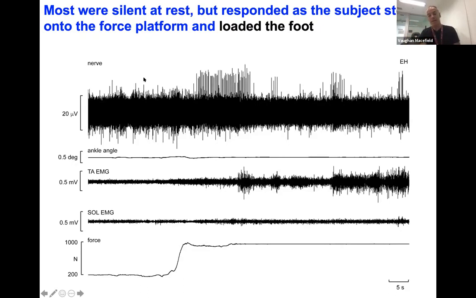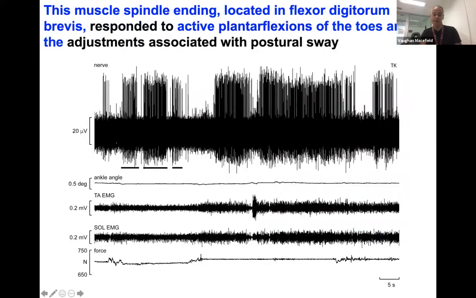Now, mostly these muscle spindles are silent at rest. We've characterized their behavior in seated conditions without any load, but importantly during standing. And you can see that this is a muscle spindle ending in the flexor digitorum brevis, a very small muscle that flexes the toes.